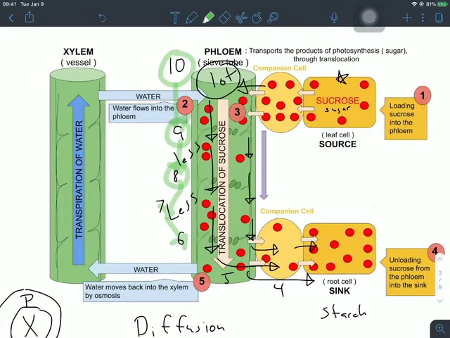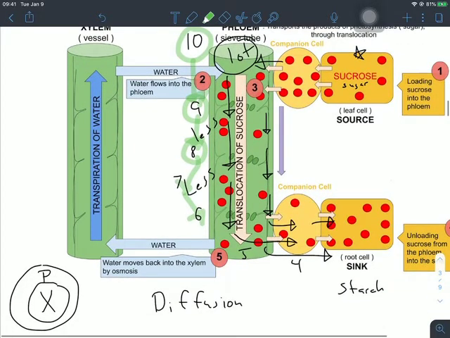It's the same reason why if you add a drop of food dye to your glass of water, the food dye doesn't stay concentrated in the center. It spreads out to where there's less of it. Now this applies to our sugar in our phloem. But at the same time as there's this gradient of 10, 9, 8, 7, 6, 5, 4 on the sugar side of things, you then have to look at what's happening in the adjacent water-carrying vessels.